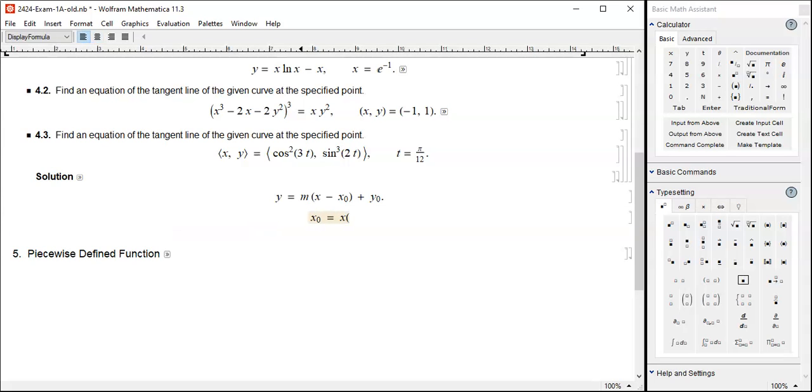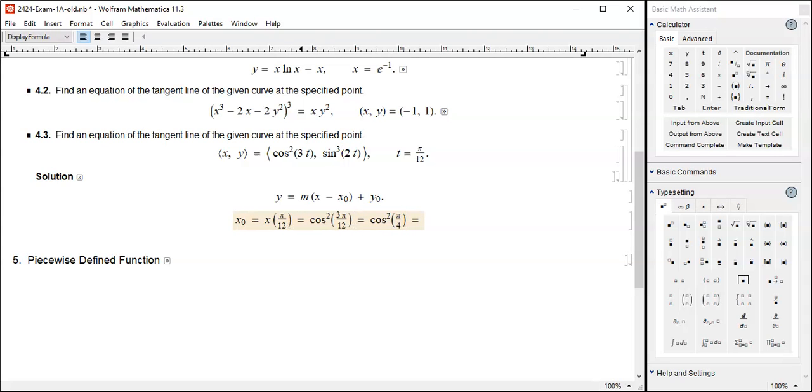x0 is x of pi over 12. And what's the function x? That's cosine squared, pi over 12. Oh, I forgot times 3, so times 3. So cosine squared pi over 4.